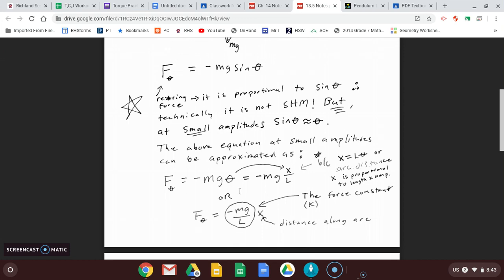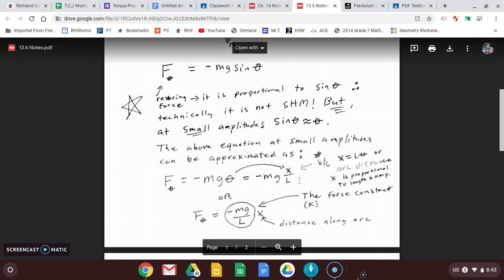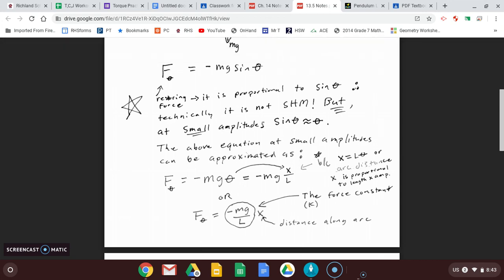Let's define a few other things here, because you can see in this formula, I'll replace theta with x over L. That's because of another geometric thing that I'll go up to the diagram to show. X equals L theta is the arc distance.